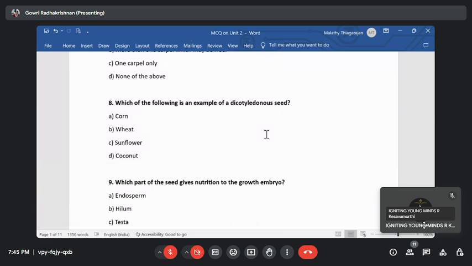Wheat is an example given in the book repeatedly for monocotyledonous seed, isn't it? Even corn. So those two are monocotyledonous. Then coconut, is that a seed? It's a fruit, ma'am. Yes. So what is left? Sunflower. That is the answer.